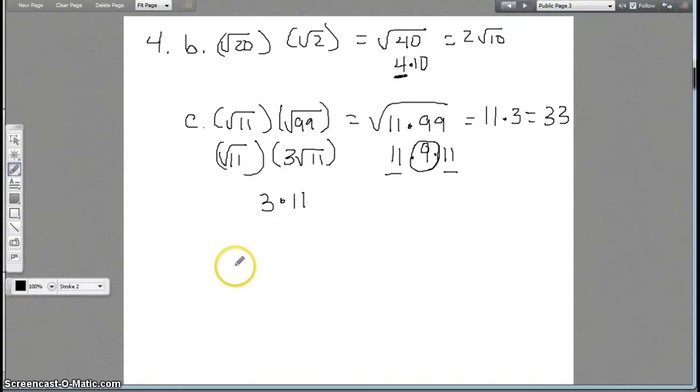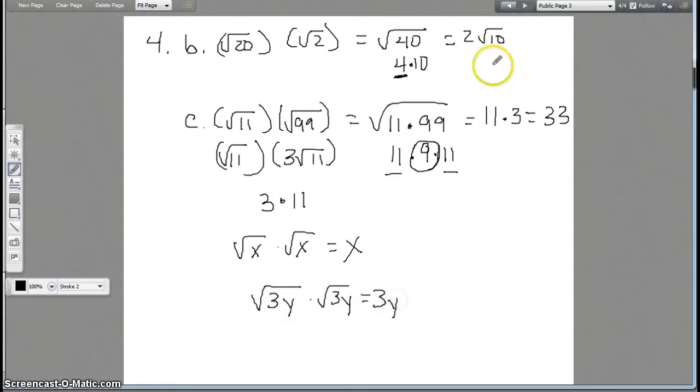Anytime you multiply a square root by itself, you get the number you're taking the square root of. So square root x times square root x is x. Square root 3y times square root 3y is 3y. Square root 27 times square root 27 is going to be 27. Squaring something and then square rooting it, or square rooting it and then squaring it, those things undo each other.